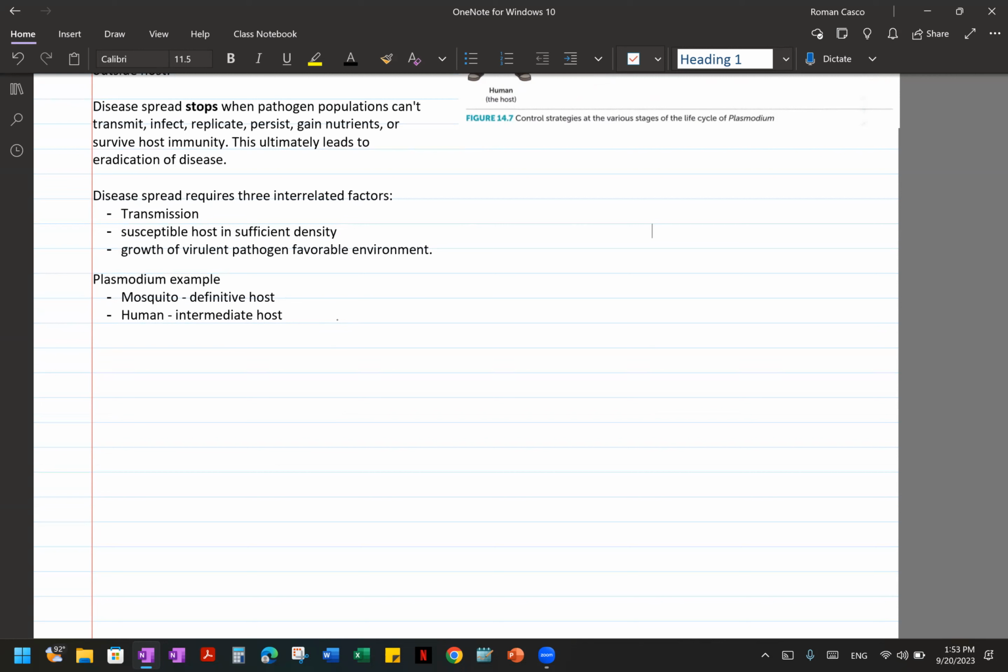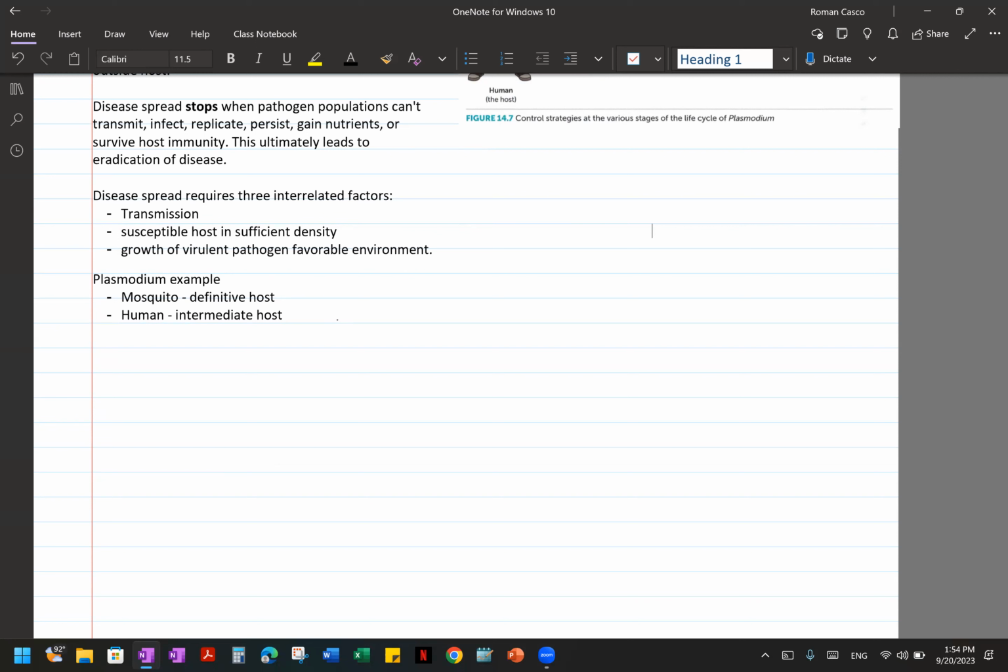Okay. So how do you regulate that, try to control that? These same three factors that we talked about: transmission, susceptibility of the host, and growth of the pathogen. Those three factors are interrelated. If you can stop these, you stop it.